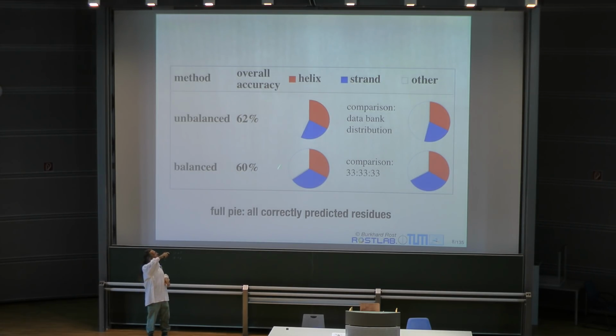This predicts all 3 classes equally well, but since most residues are in the class loop or other, the overall Q3 accuracy, the percentage of residues correctly predicted in any of those 3 states, is higher if I get the majority class right. This is why this is 60 and this is 62, but they are all equally predicted.